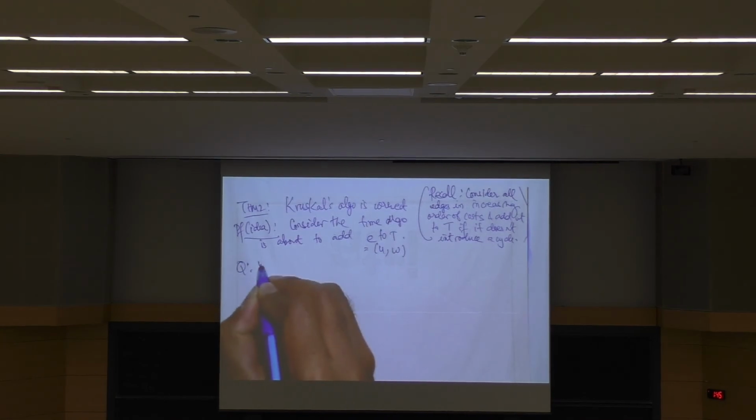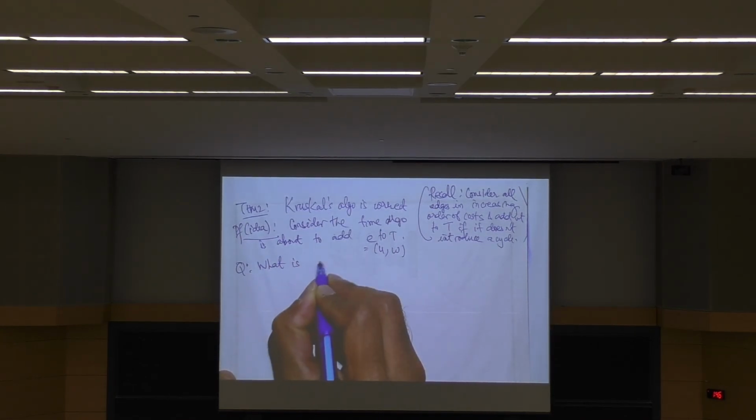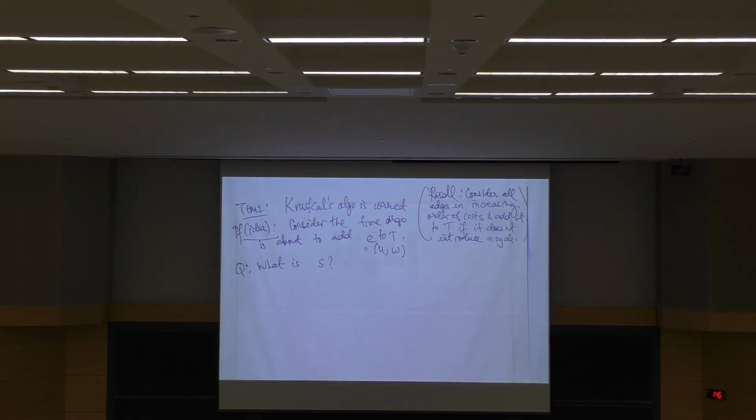So the question is what is S in this case? It turns out the best thing to look at is that when I'm about to add this edge e, I have a certain set of edges in T. Only using those edges that exist in T, figure out all the vertices that are connected to this one endpoint u. And that's going to be my set S.